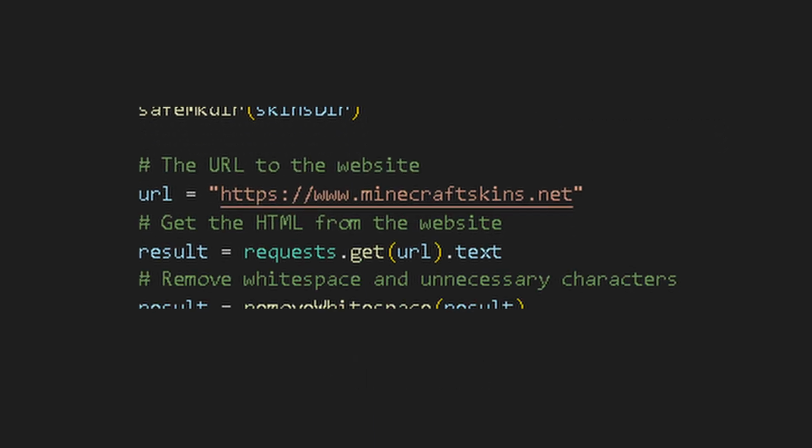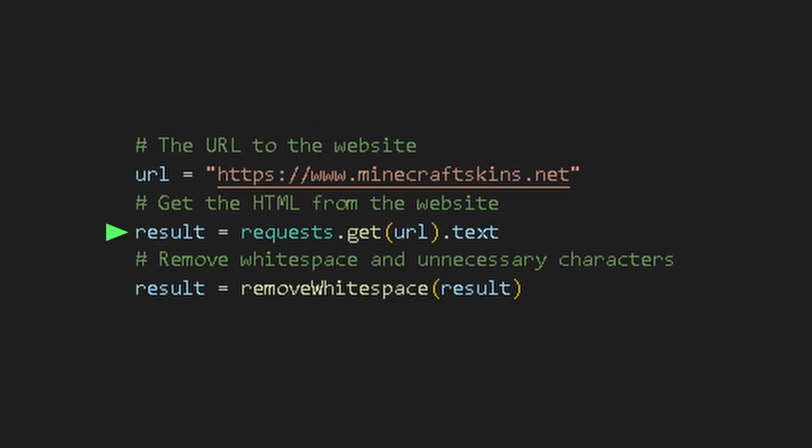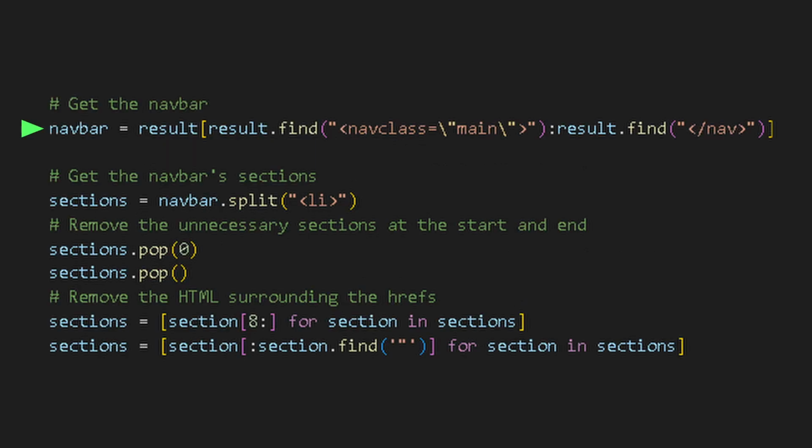For the actual web scraping, we first query for the HTML from the website's main web page using requests.get URL, and then .text before we find the navigation bar at the top of the website via .find, which finds the starting portion of the navigation bar's HTML. This will be repeated for finding other parts of the HTML for other data extraction.